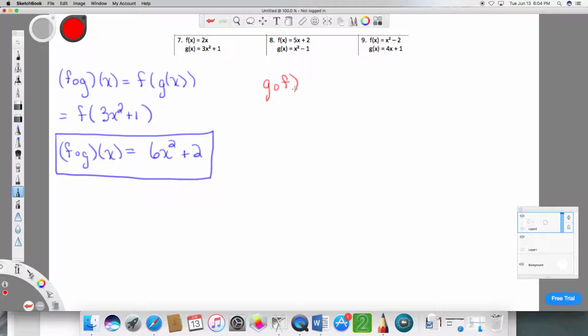We can build a new function, g composed with f. This time f is the input for g. F is 2x, and g always creates an addition problem where the first term is 3 times the input squared, and then we add 1. So this time the input is 2x.